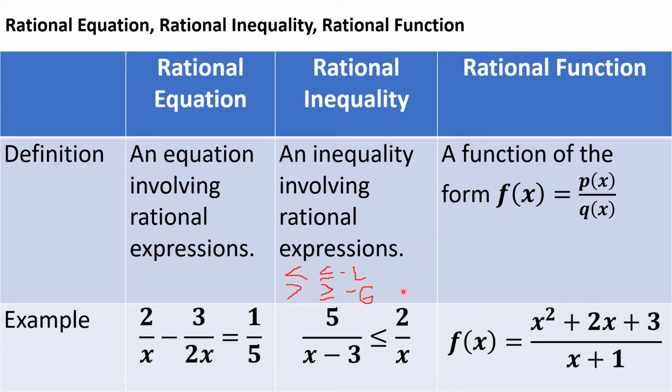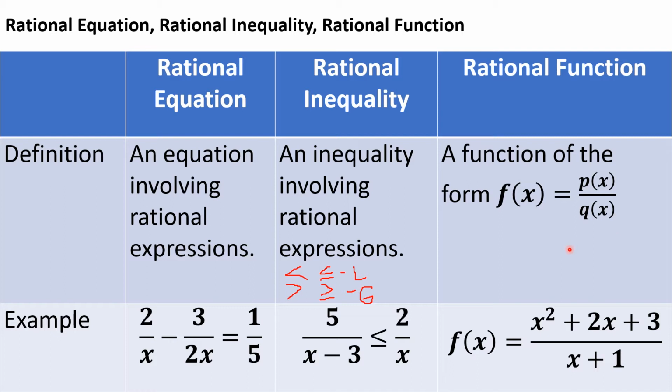It states that either the left side or the right side of your inequality symbol must be greater than or less than the other. Next, we have the rational function. A function of the form f of x equals p of x all over q of x, where p of x and q of x are polynomial functions, and your q of x, or your denominator, must not be equal to 0.